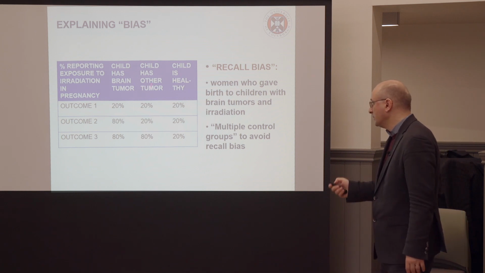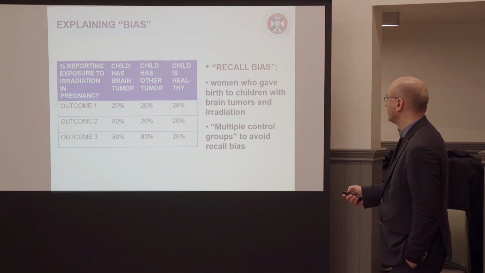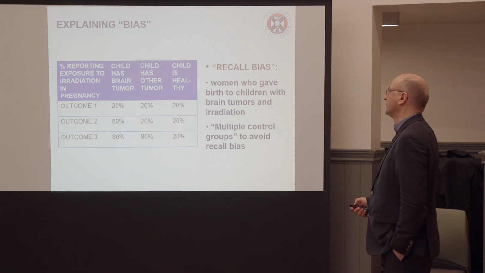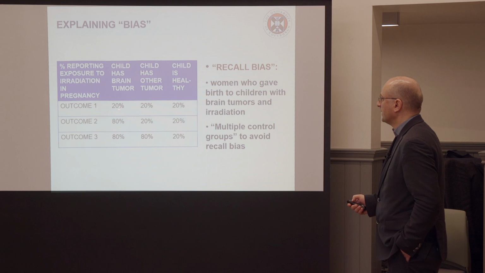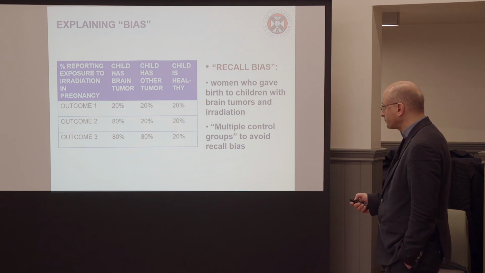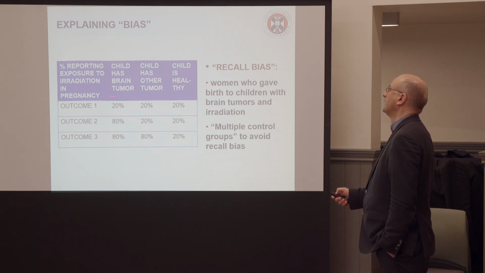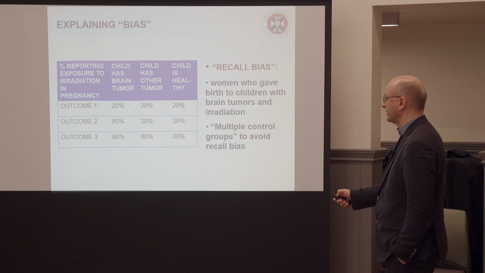So you need multiple control groups which can help you to understand this bias a bit better. Let's say that 20% of mothers whose child has a brain tumor reported exposure to irradiation.